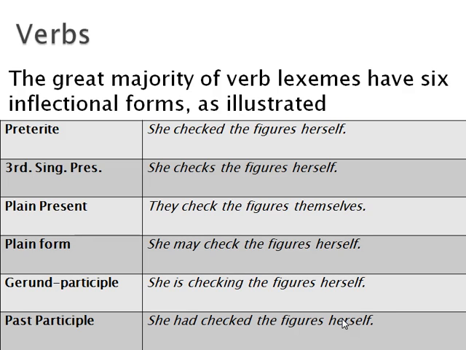The plain form check is also different, because this one is for the simple present and this one is for imperatives and subjunctive. It's kind of different. The gerund participle, the -ing form, the progressive, and the participle.